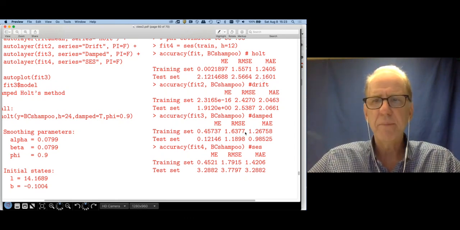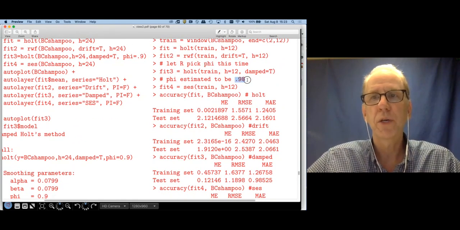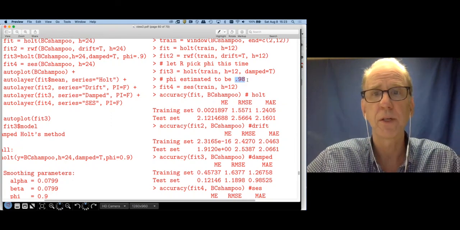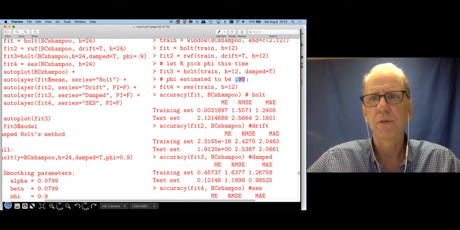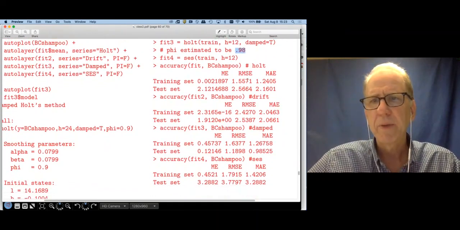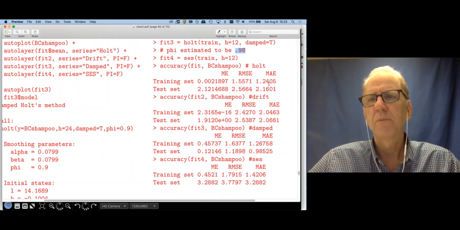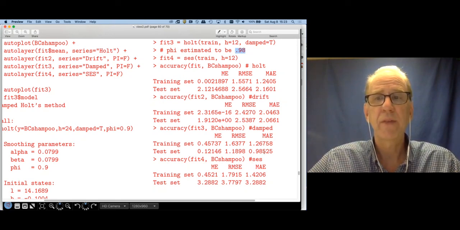But when we look at our damped version, and by the way, R chose a much less aggressive damping coefficient, so 0.98 means it doesn't decay that quickly. But just that little bit of decay helps us a lot, and it cuts the mean squared error and the mean absolute error by more than half by having that damped trend.